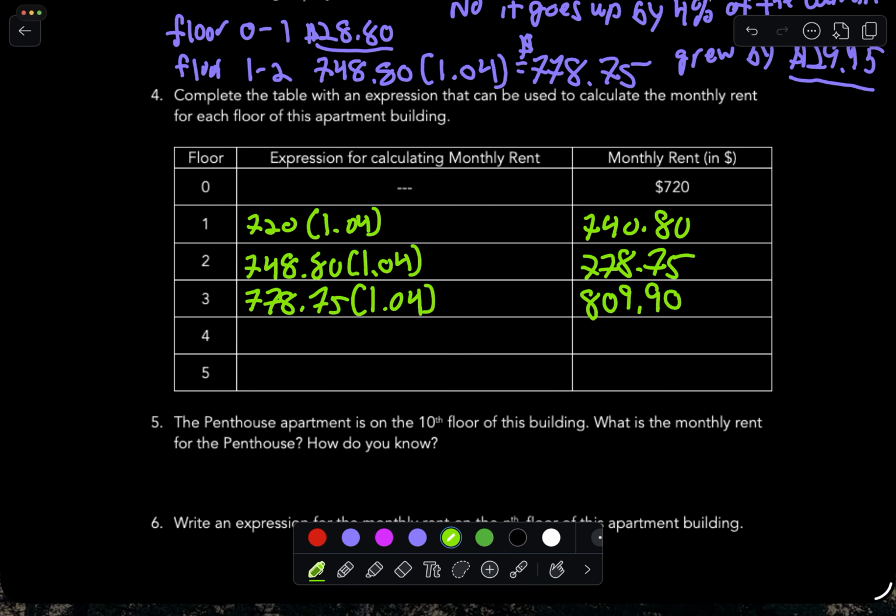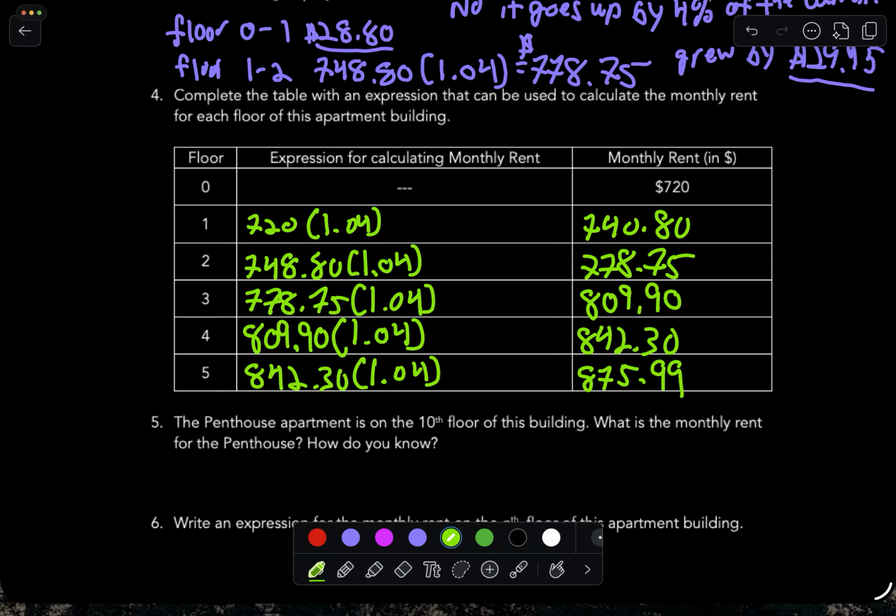Then we take the 809.90 and multiply by 1.04, which would give us 842.30. And for the fifth floor, you would take the 842.30, again multiply it by 1.04, and that gives you 875.99.